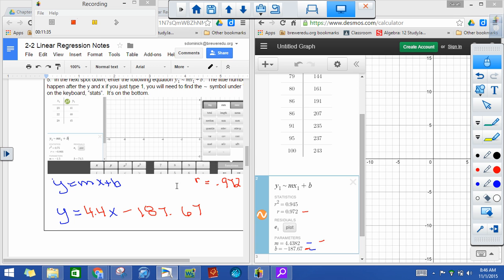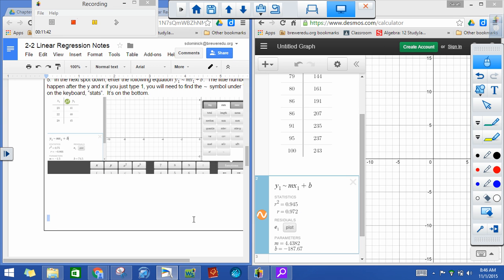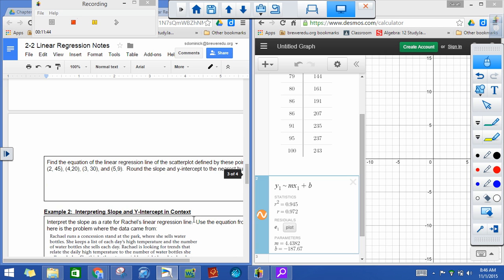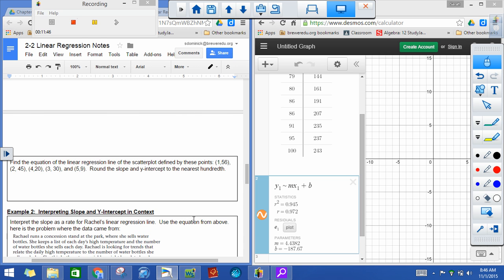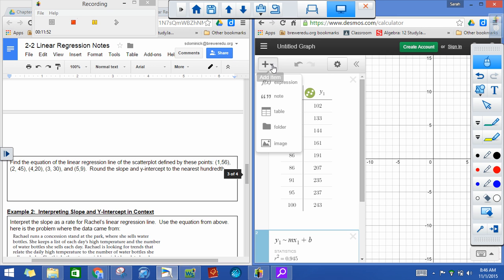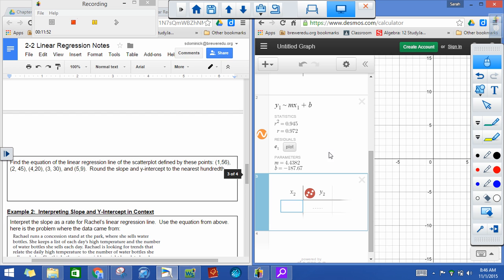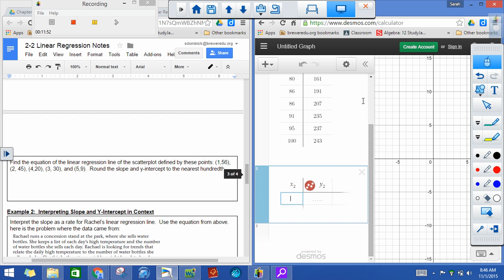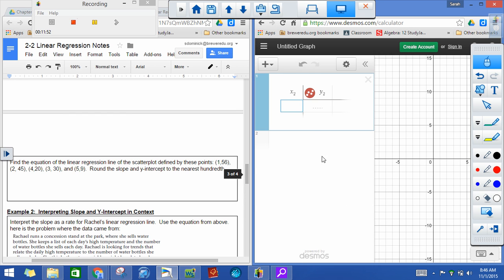So we don't need any of this. So your first step, remember, is to just plug in that data. Here, I'm going to get another table. I don't need this stuff anymore. So here's my table.